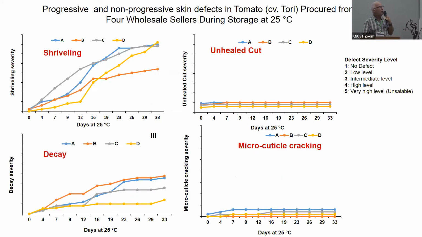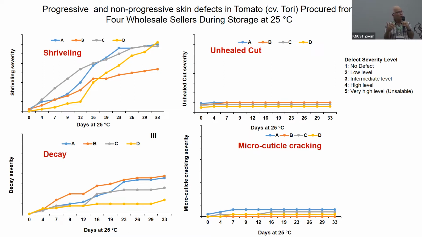Now, he mapped the fate of the disorders, and the good news is that under our simulated storage conditions, which is 25 degrees at a humidity of 50 to 60%, unhealed cuts, microcuticle cracking, and all these do not develop further from the time of harvest.